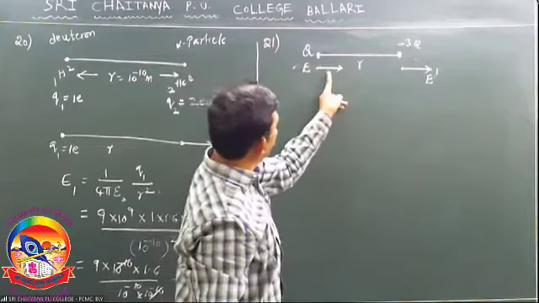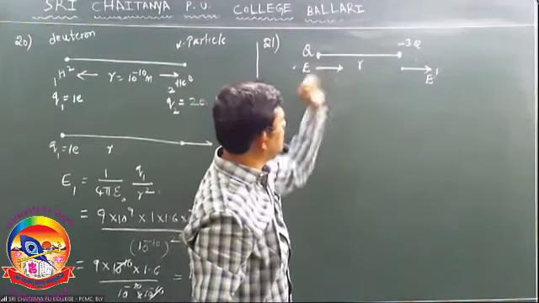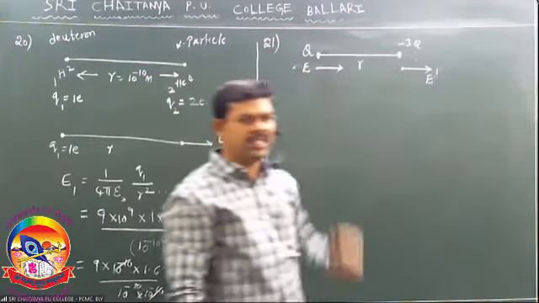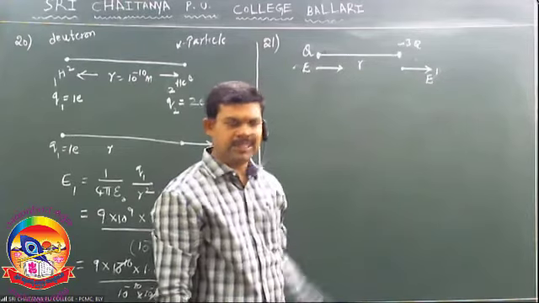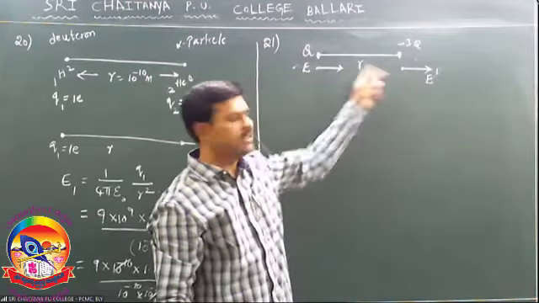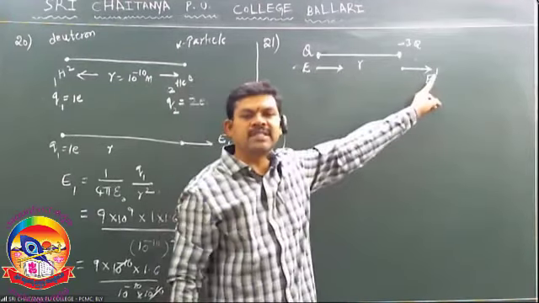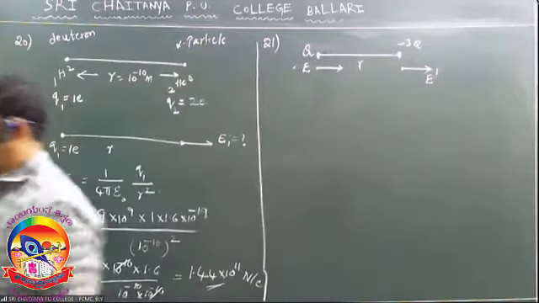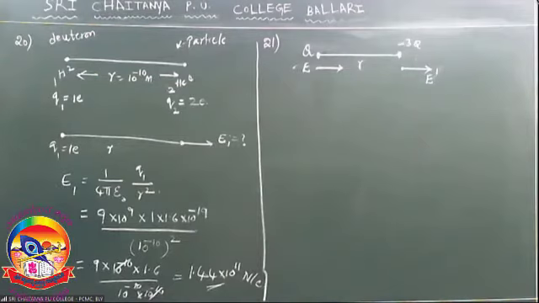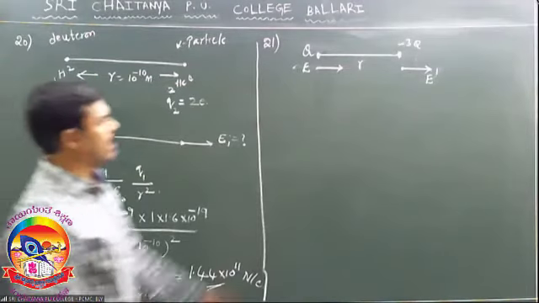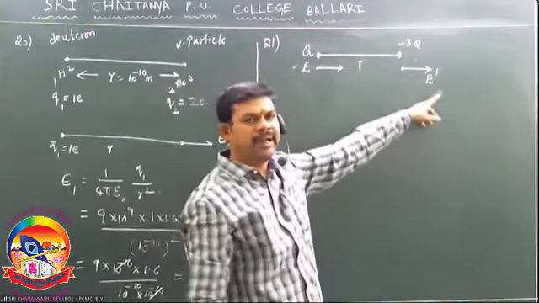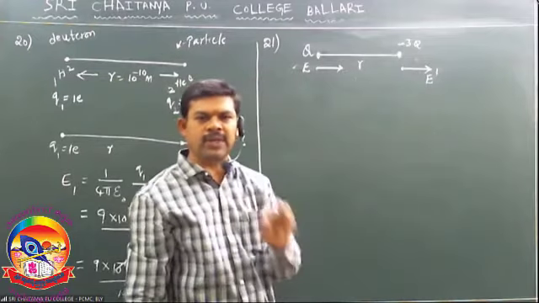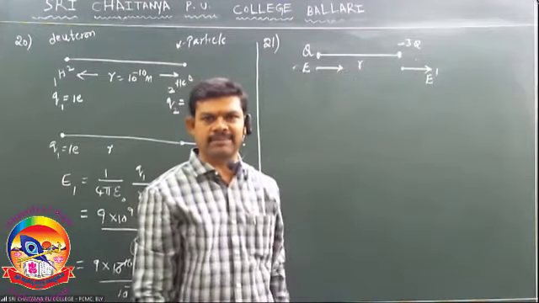See here, E is also in this direction. E dash is also in this direction. Right? If both are in the same direction, if this is positive, this is also positive. If you see the answers, you have two positive answers, two negative answers. So the answer must be what? Given that E is positive, then E dash is also positive. So the answer is positive.